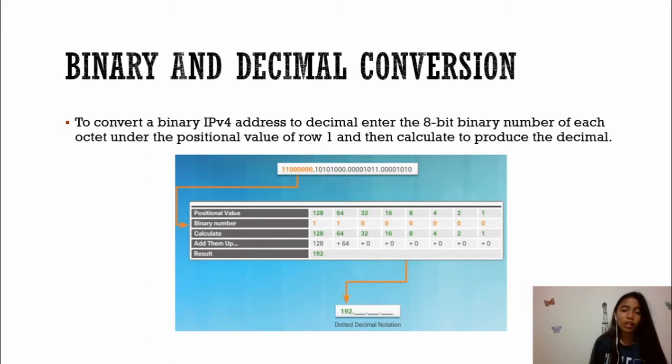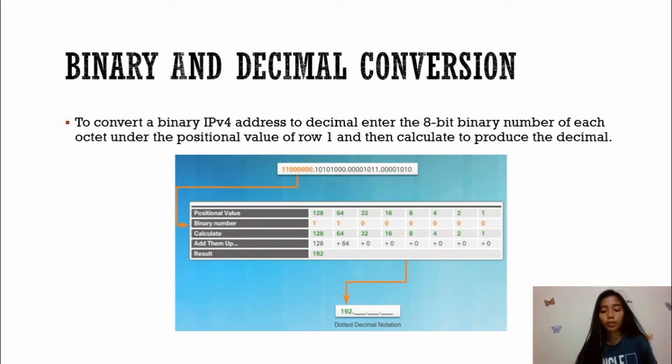All the devices on the same network must have an identical network portion. The subnet mask helps the device identify the network portion and the host portion. And what I'm explaining to you is for the IPv4 address structure.